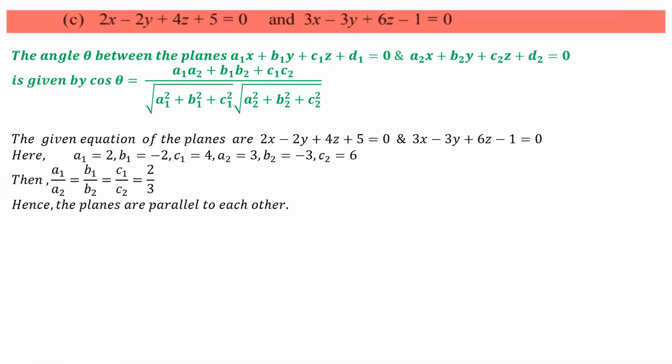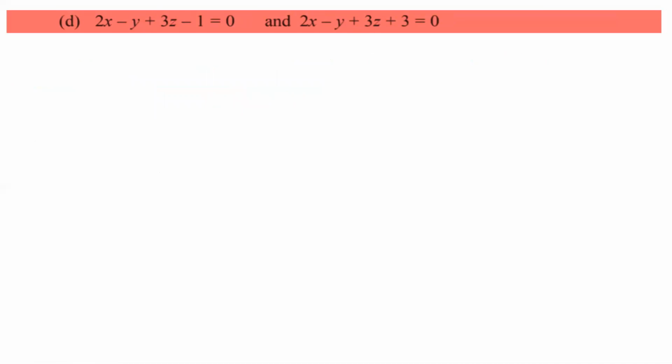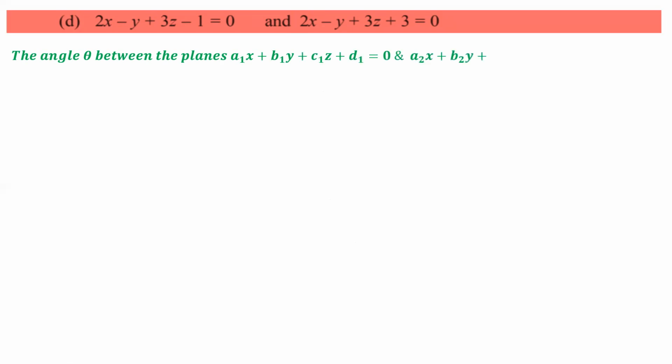Okay. Now moving to the next question, question number D. 2x minus y plus 3z minus 1 equals to 0. 2x minus y plus 3z plus 3 equals to 0. Now look at the given equation, 2x minus y plus 3z. And here also in the second equation, 2x minus y plus 3z. So from seeing the equation, you can easily say that the planes are parallel to each other, right?